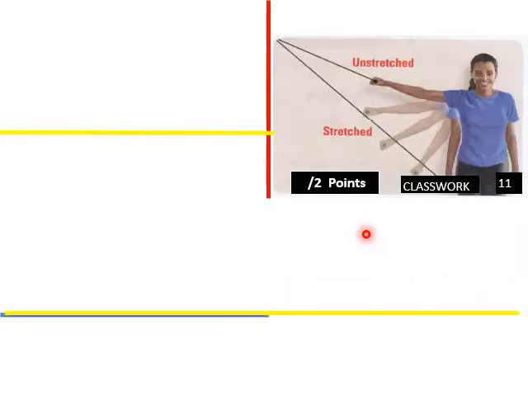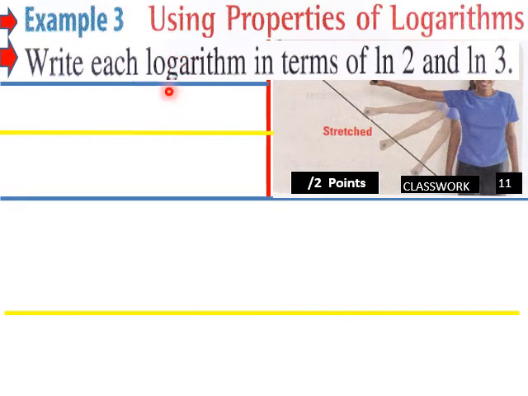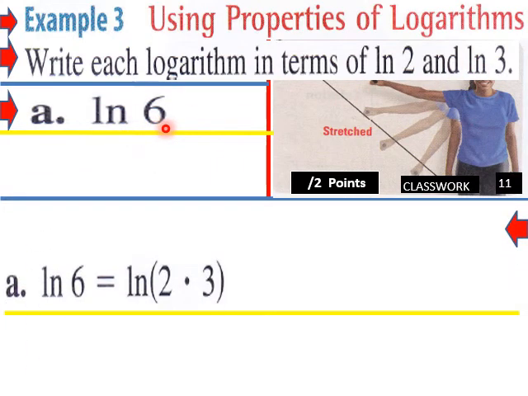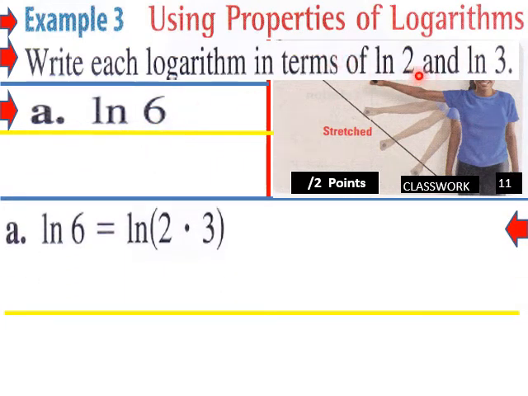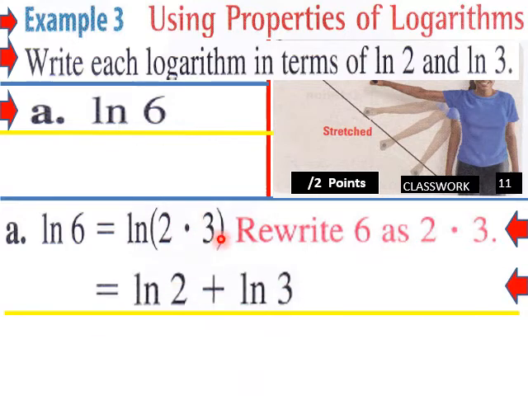Okay, let's get into an example now and try these out. Using properties of logs, write each logarithm in terms of natural log 2 and natural log 3. So natural log of 6: how would we write that in terms of natural log 2 and natural log 3? We can use the product property. Rewrite 6 as 2 times 3.